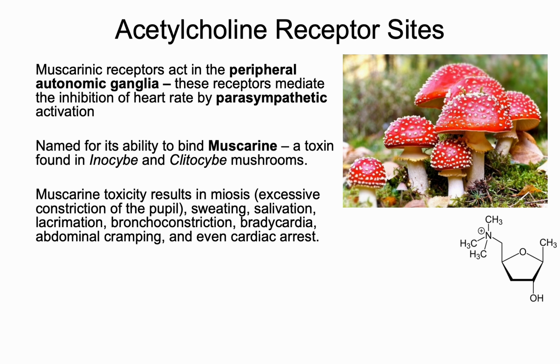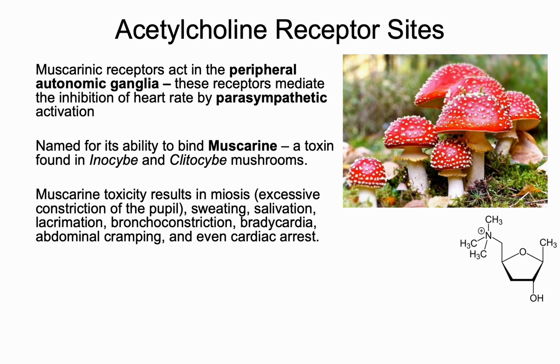And so it has a lot of effects in the periphery. There are muscarinic receptors in the periphery, in the autonomic ganglia, and these muscarinic receptors mediate the inhibition of heart rate via the parasympathetic nervous system. So they're part of the parasympathetic activation.